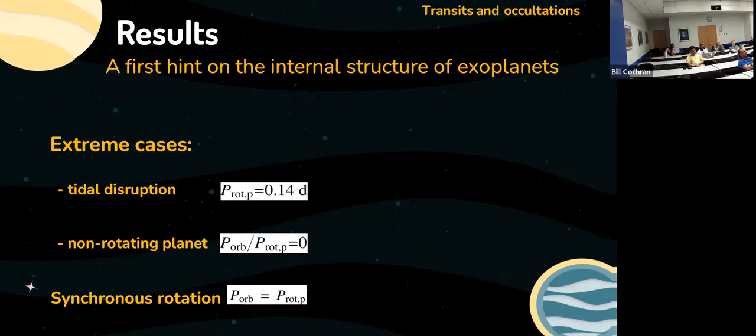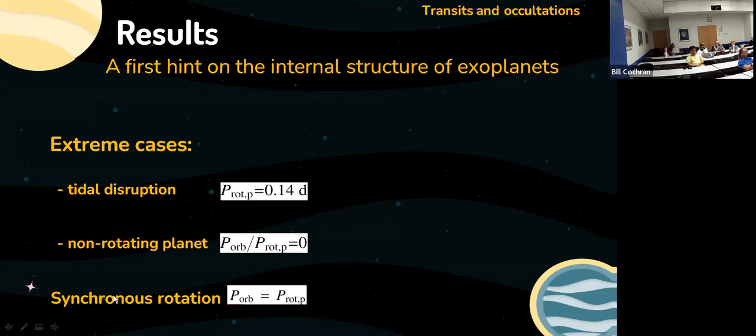In the first, the planet is not rotating around its own axis. In the second, the rotation is so fast that the planet is losing matter at the equator. So those are the two extreme cases, and we must be in between.